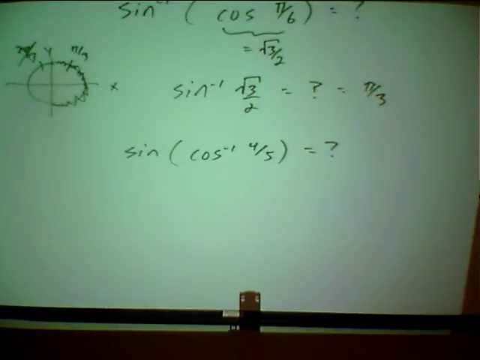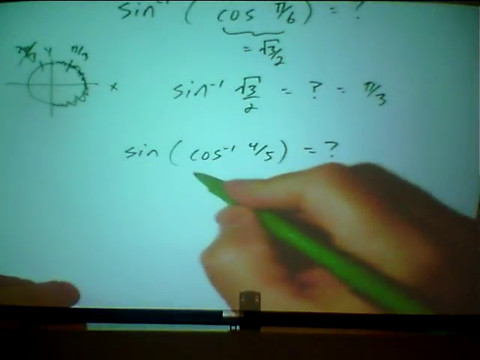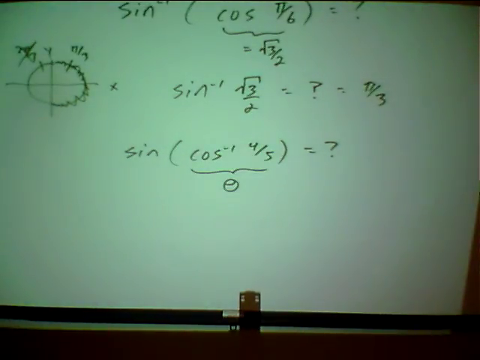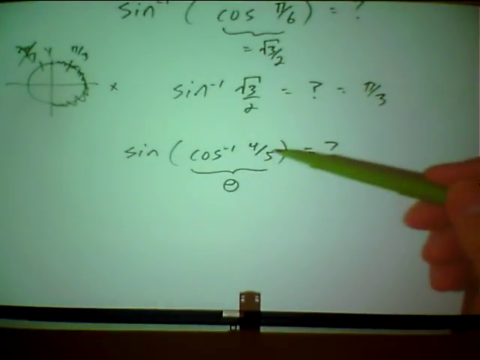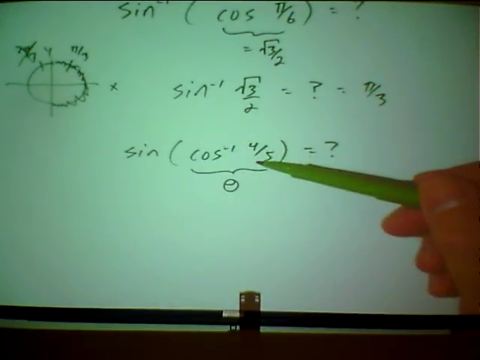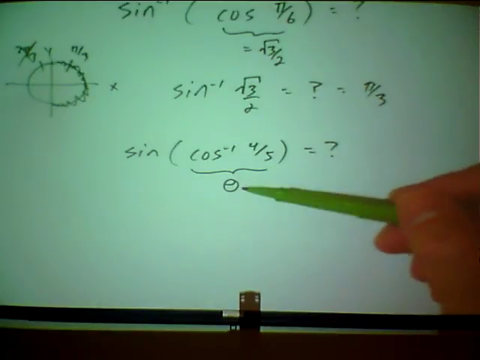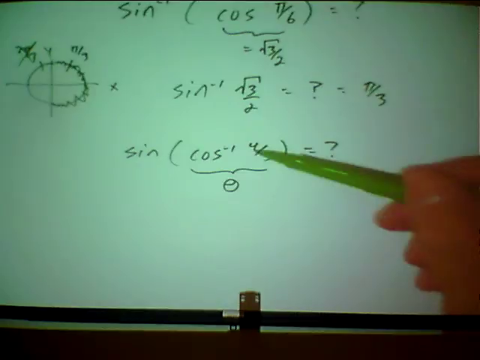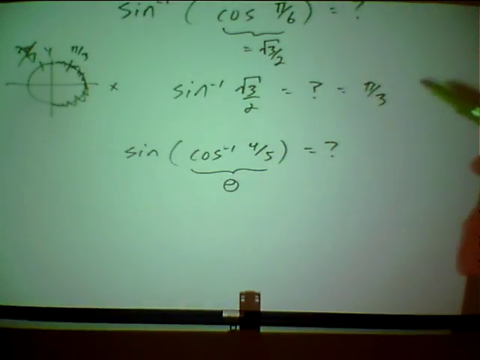Whenever you take an inverse trig function, the answer is an angle. So let's find an angle so that when you take the cosine of the angle, it equals 4/5. Well, I don't know the answer to that off the top of my head. That's not one of my points on the unit circle.